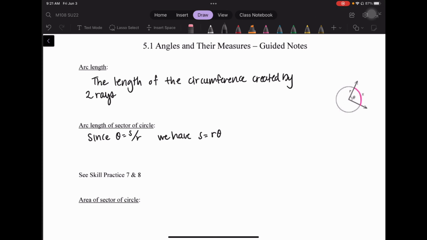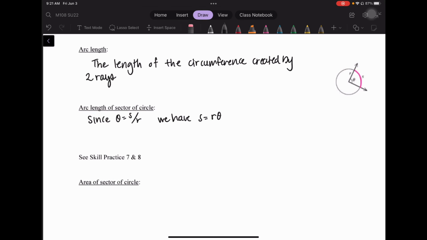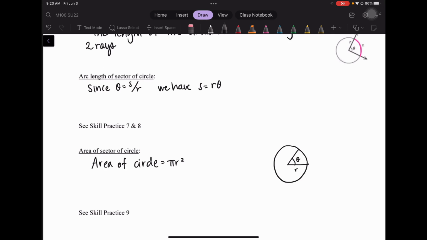Now to find the area of a sector of a circle, you need to recall the area of a circle formula. So remember that the area of a circle is equal to pi r squared. Remember that a full rotation is 2 pi. If we have theta in radians, then the portion of that circle is theta out of 2 pi.